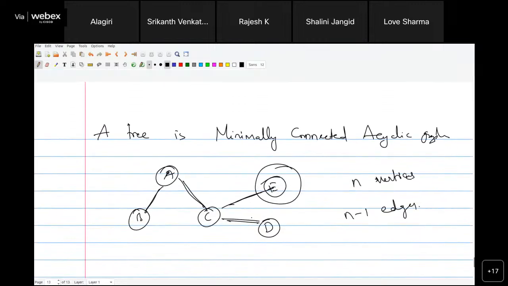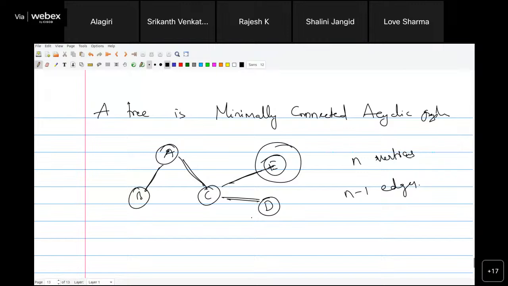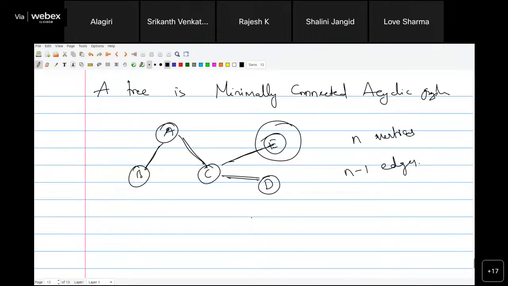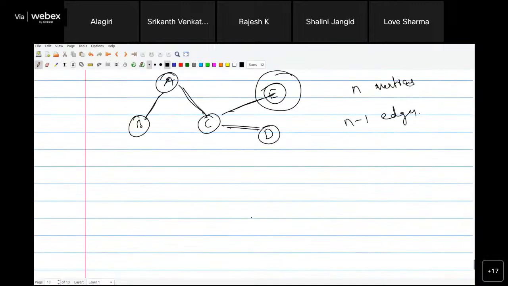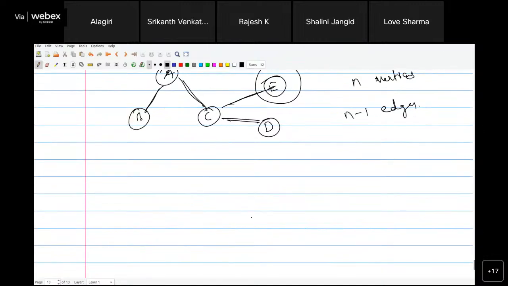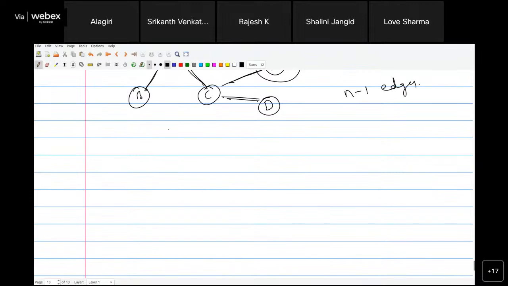So it is not that every tree is spanned from some other graph. Tree is superior to spanning trees. Spanning trees are a subset of trees.